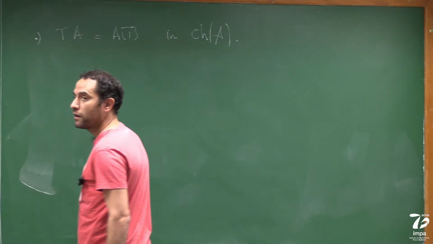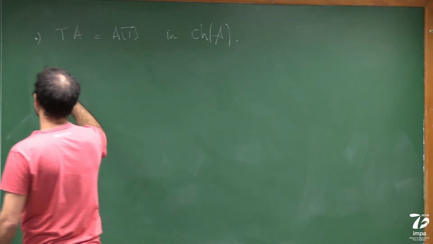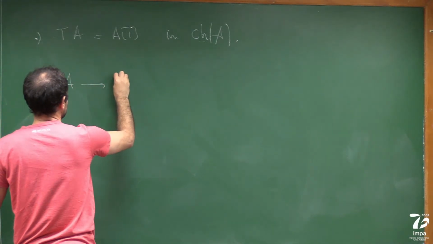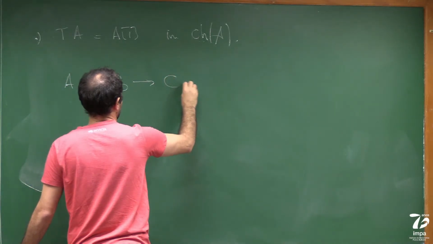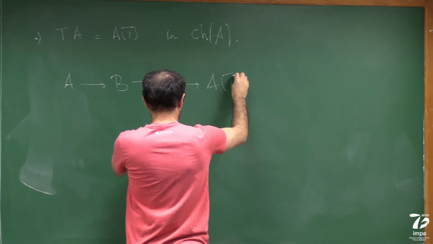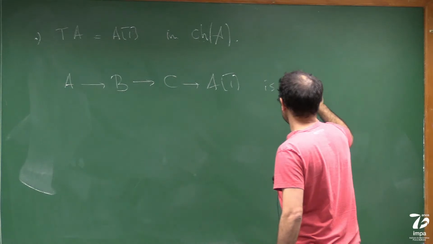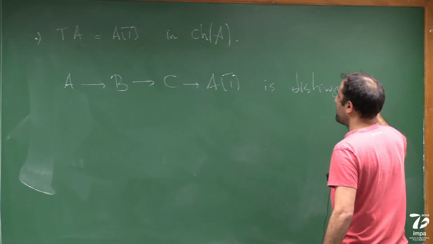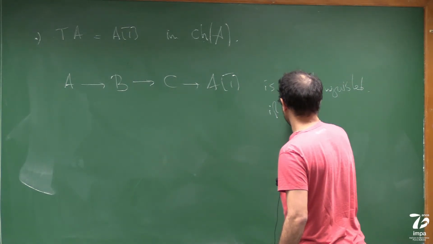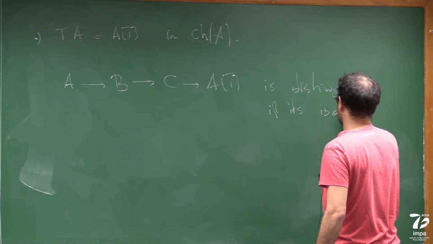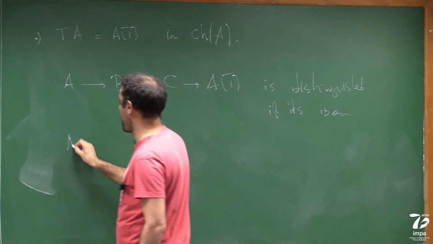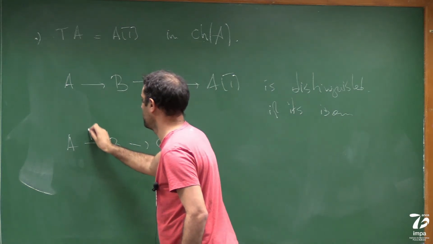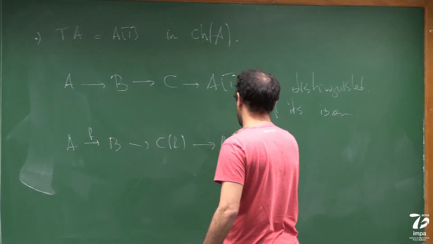Now I need to tell you what the distinguished triangles are. So a triangle in D(A) is distinguished if it's isomorphic to a triangle of the form A to B to the cone of F to A shifted by 1.